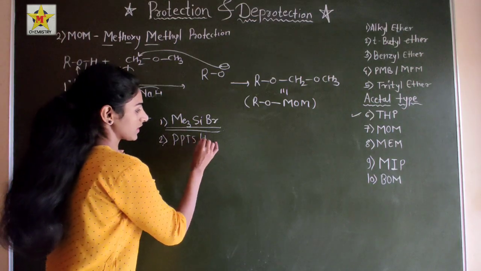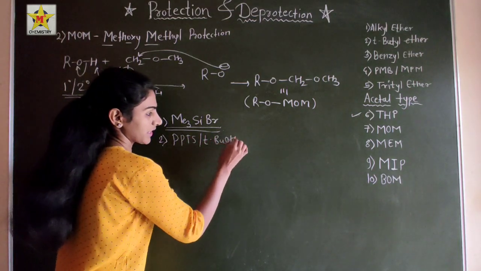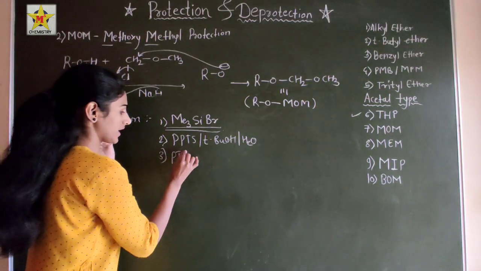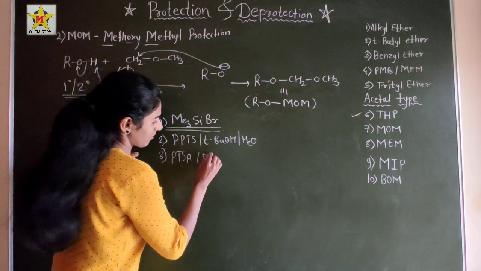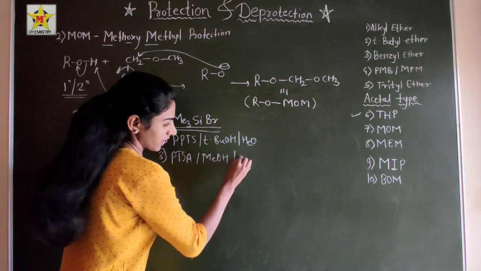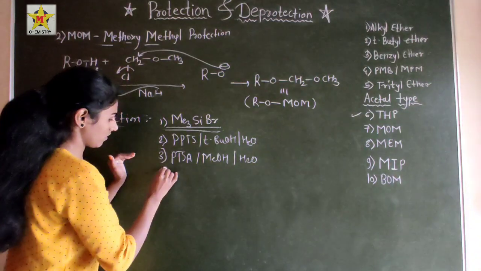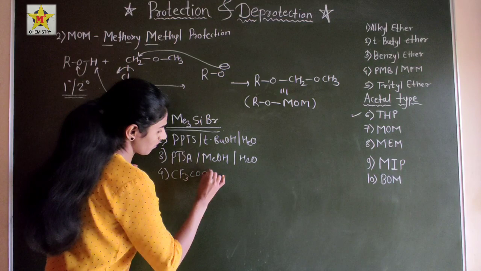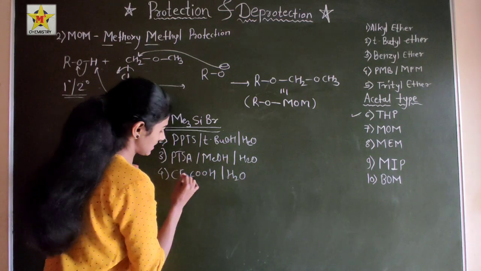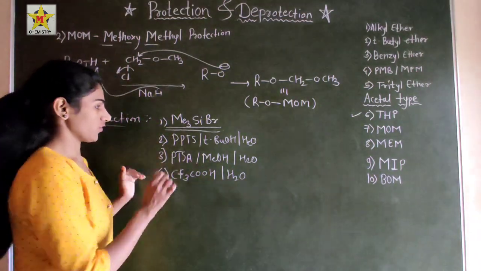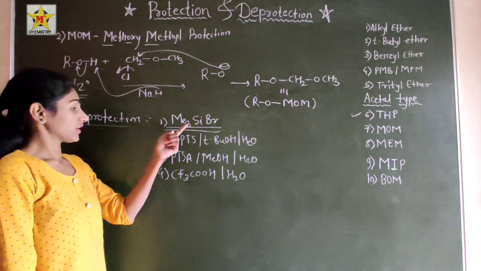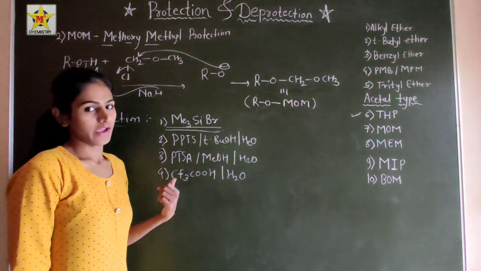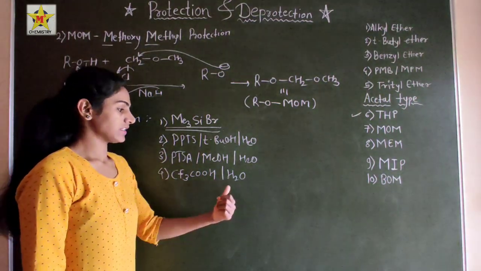Second is PPTS in tertiary butanol in presence of water. Next, PTSA in methanol in presence of water, or CF3COOH in water. So trimethylsilyl bromide, PPTS in tertiary butanol, PTSA in methanol, and CF3COOH acid in water.